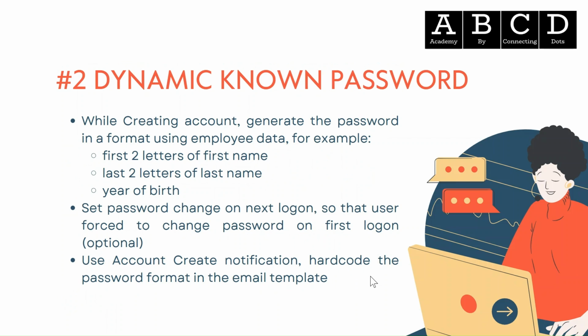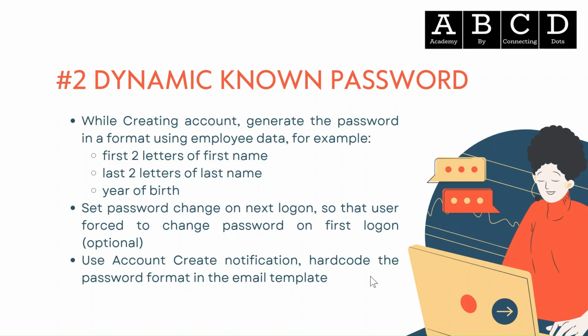Dynamic known password. As I stated already, we will generate the password in a format by taking data from the employee record, like the first two letters of the first name or last two letters of the last name, year of birth, or you can add a special text as well. You can change the text every month or so, so that no one knows exactly what the format is.